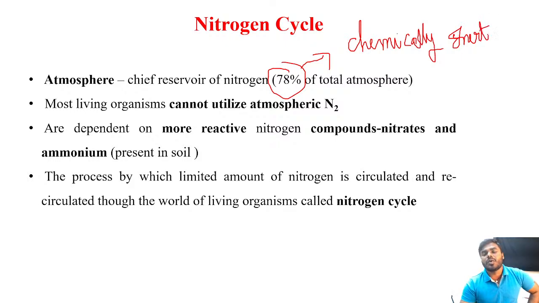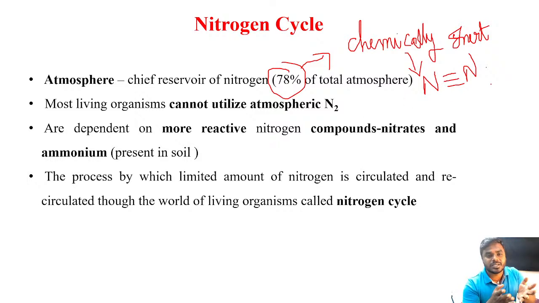What do you mean by chemically inert? We can't use it. In other words, the nitrogen present in the atmosphere is N triple bond N. We eukaryotic organisms like plants, we eukaryotic organisms like animals, can't break this particular N triple bond N.